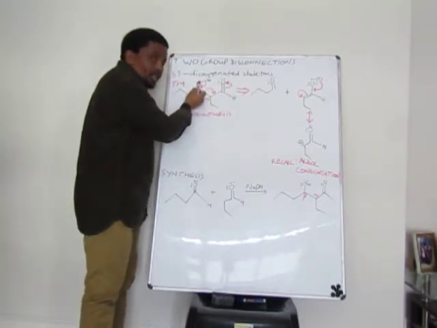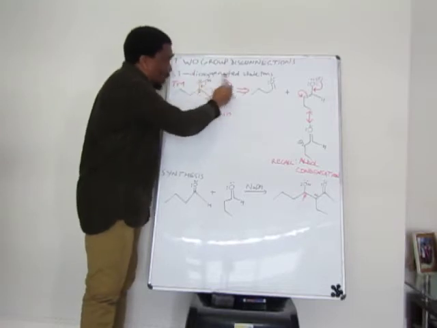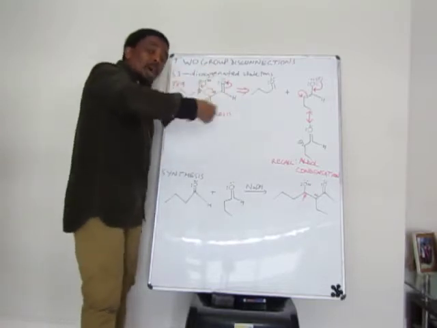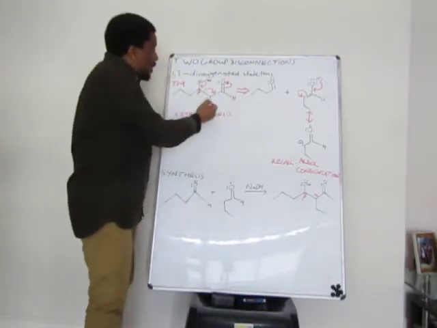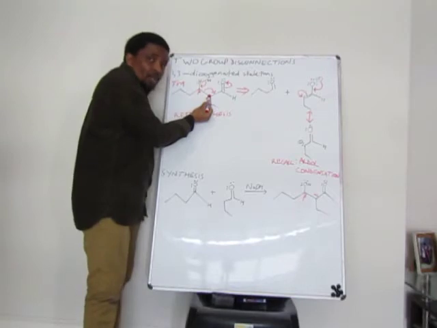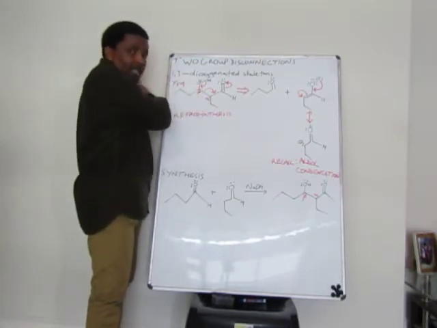Then I've got an oxygen there. Hence I've got 1,3-dioxygenated skeleton. So here, the very first carbon atom is referred to as an alpha carbon atom. This one is a beta carbon atom, gamma, etc.